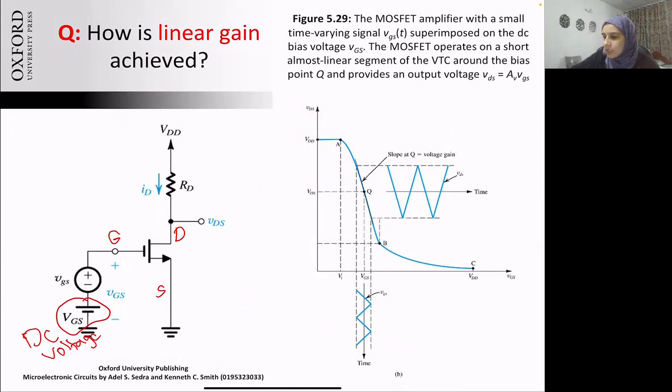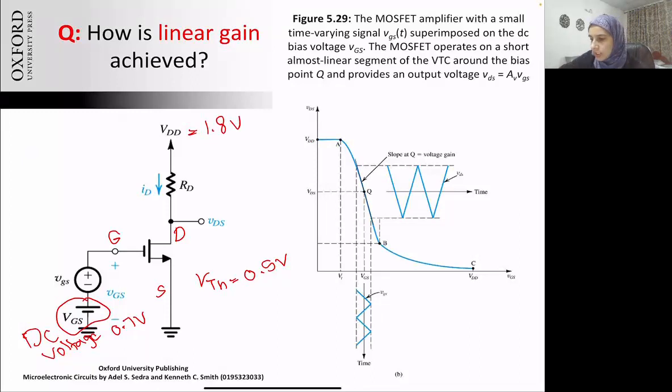Let me give values. Here, this is 0.7 volt, and the threshold of the amplifier is 0.5 volt. And I assume my VDD is, let's say, 1.8 volt.